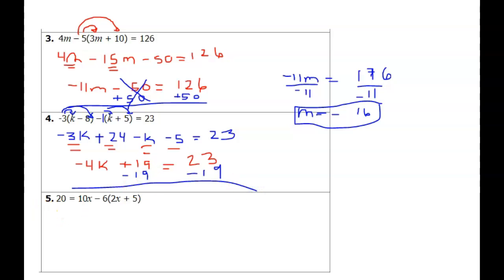To the left, the 19 cancel. To the right, I end up with 23 minus 19, which is 4. So I got this canceling out, and then I have negative 4k equals 4.